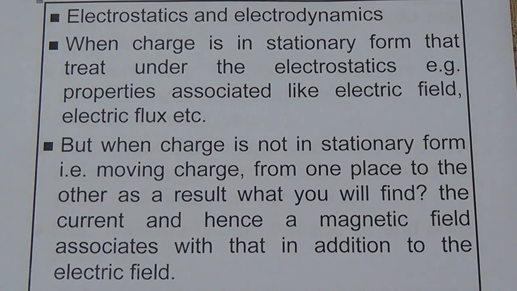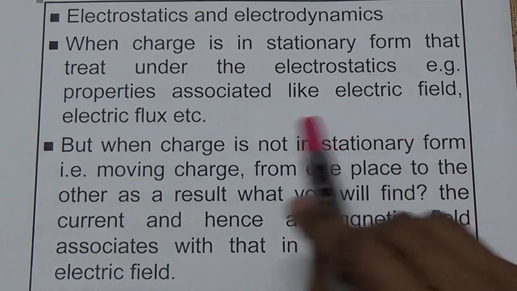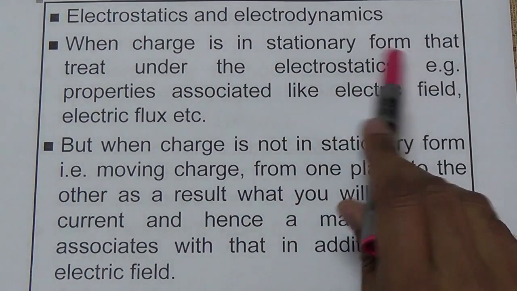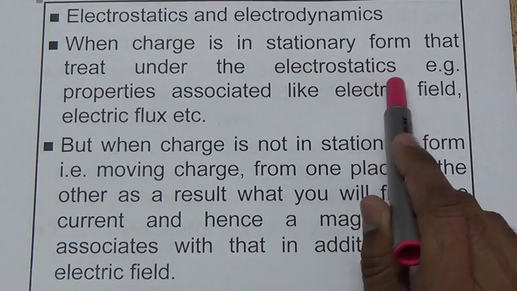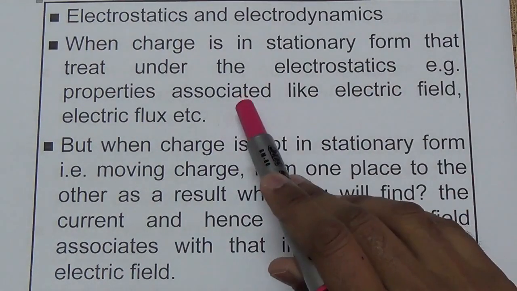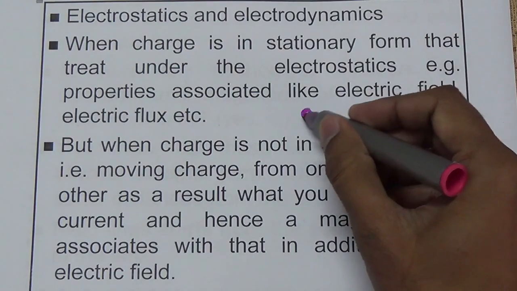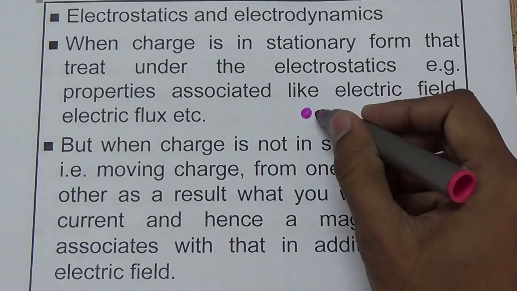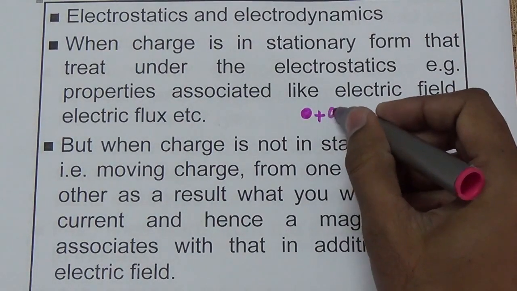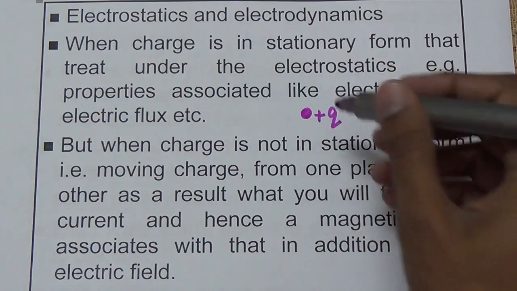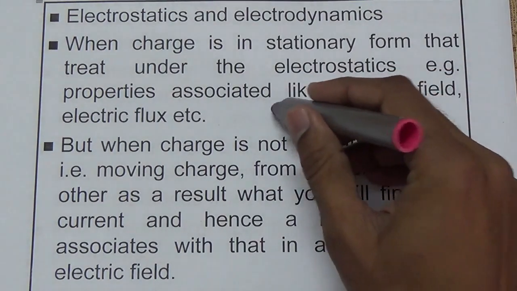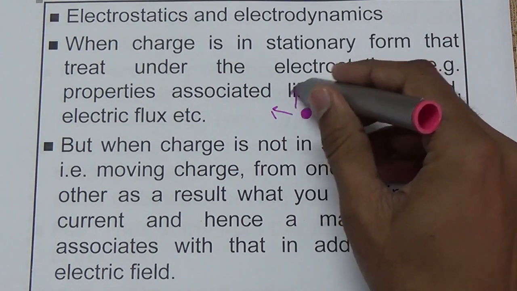So this is the electrostatics and electrodynamics. We know that when charge is in a stationary form, that is treated under electrostatics. Basically a stationary charge, suppose this charge is in stationary form and I am saying this is plus Q charge, so basically a field develops.